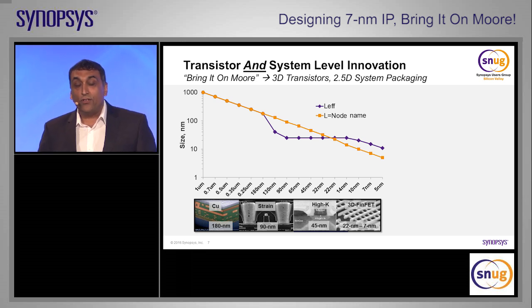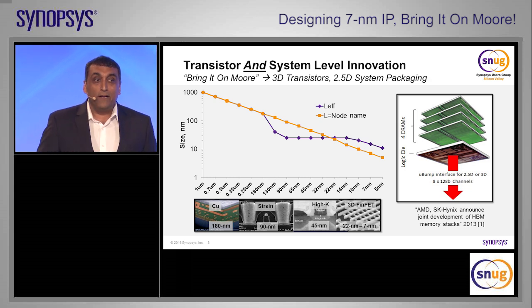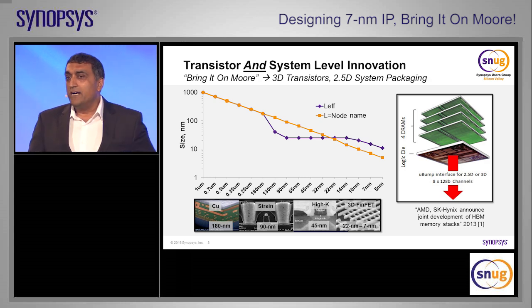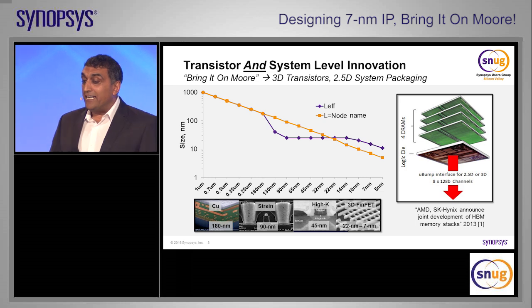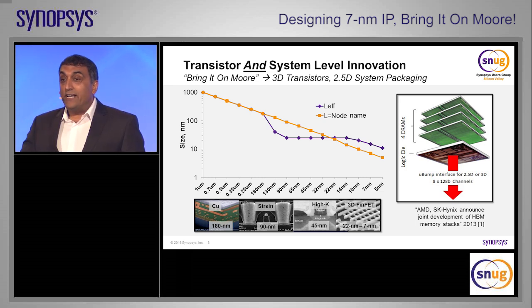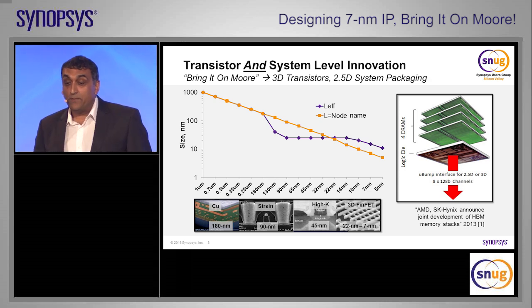You can think of them as 3D transistors. The "bring it on more" piece, which is interesting, is that as well as all this scaling that's happening, people are looking at packaging technologies. People are looking at leveraging maybe a design that was done on 28 nanometers or 16 nanometers, keeping the design as is, and then using some kind of interposer technology to connect to the high-performance die that's developed in the 7 nanometer technology.